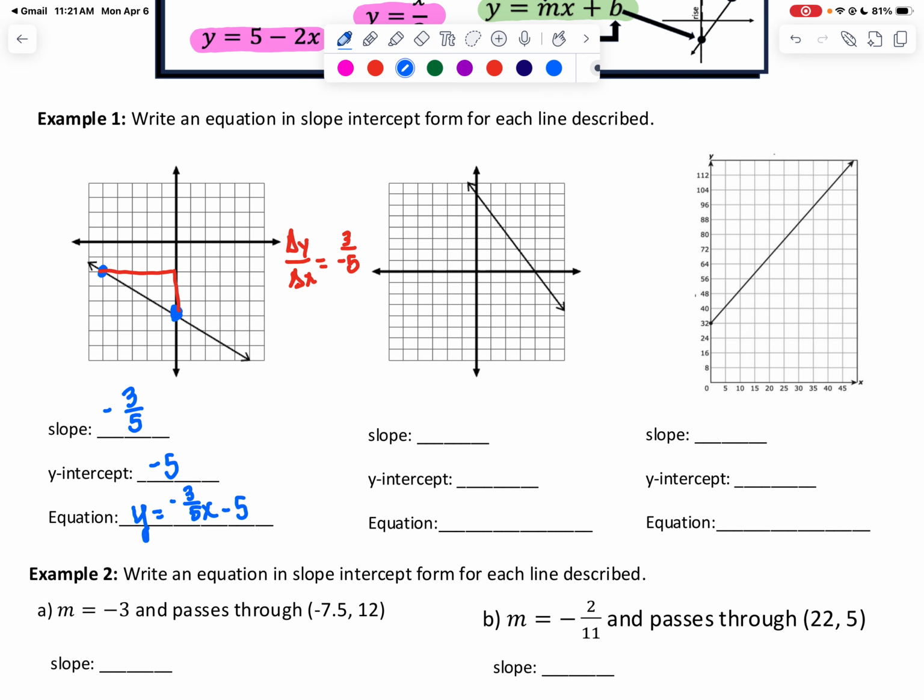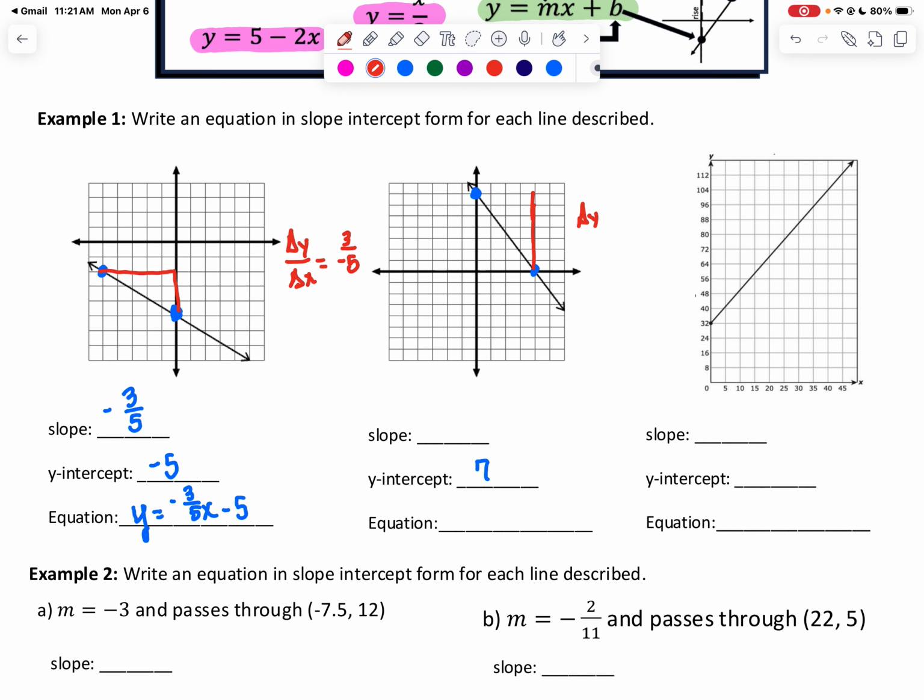All right, next problem. Start by identifying your y-intercept, which is right up here. So 1, 2, 3, 4, 5, 6, 7. So positive 7. Then pick a friendly point and use it to identify your slope. So I always start with the bottom point and then I get my change in y. So let's do that. So let's see, I need to go up one more. 1, 2, 3, 4, 5, 6, 7.